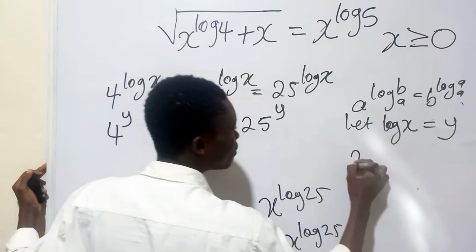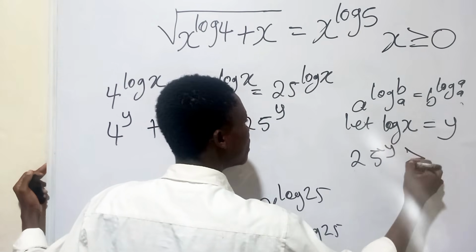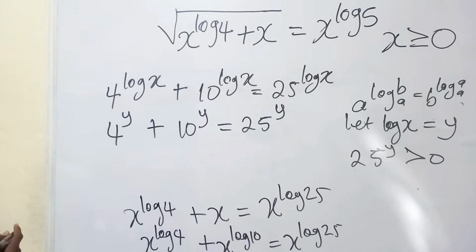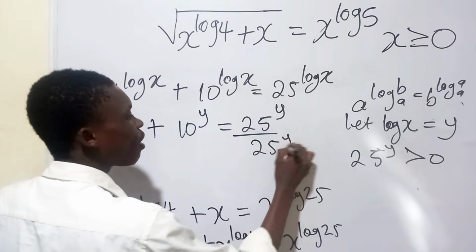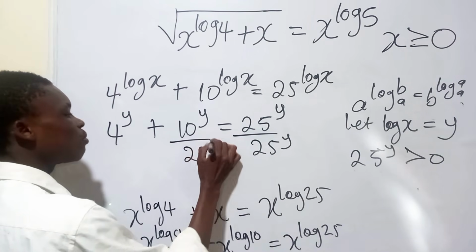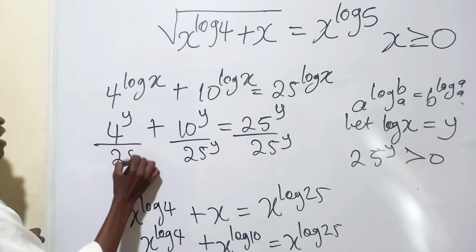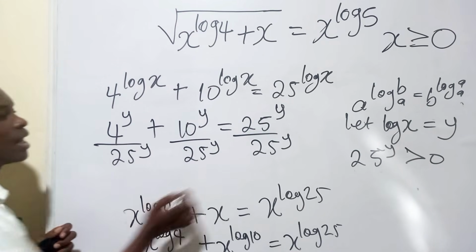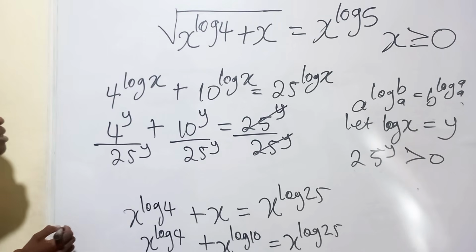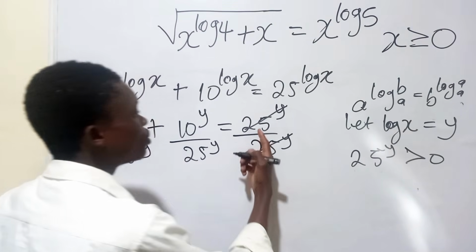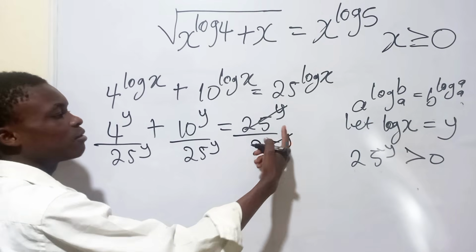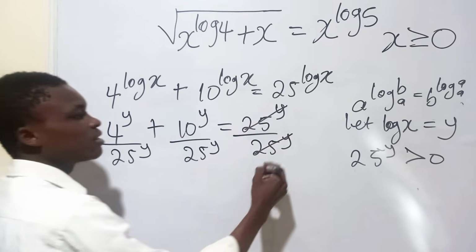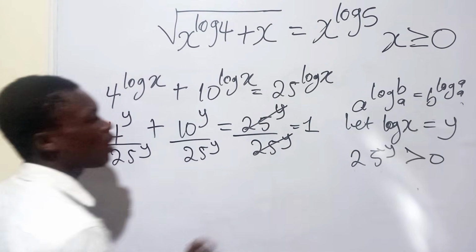But we know that 25 to power y is greater than 0. So we will divide both sides by 25 to power y. 25 to power y divided by 25 to power y, this term cancels out this term, and we have 1.